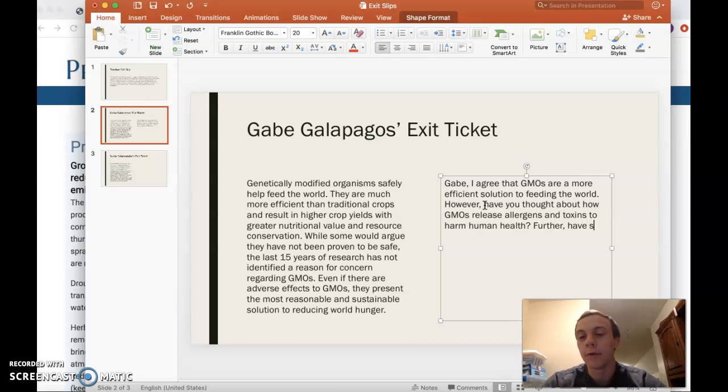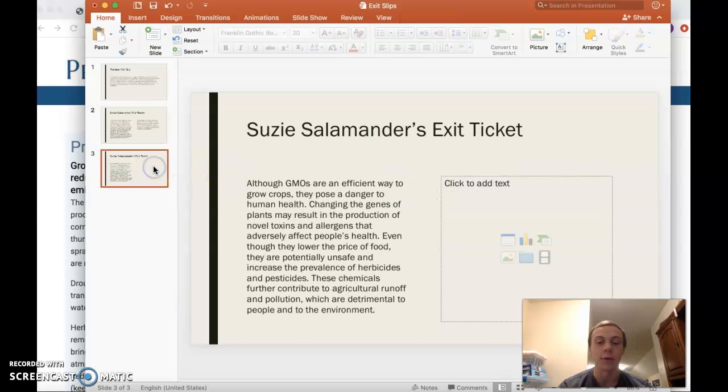Further, have you considered the large-scale effects they may have on ecosystems? And that might just be, and this is very short, brief, but a way to engage in discussion with Gabe Galapagos. And then now Suzie Salamander.